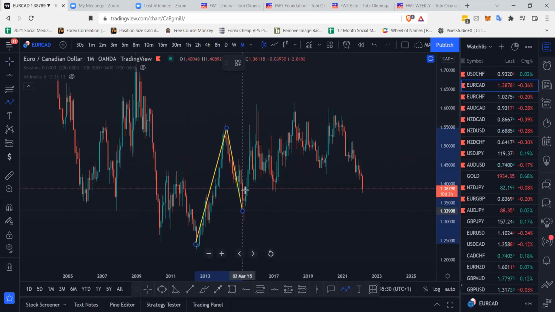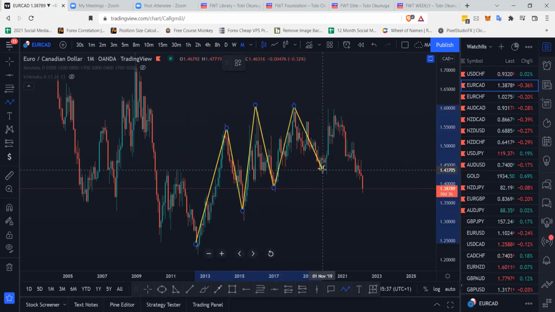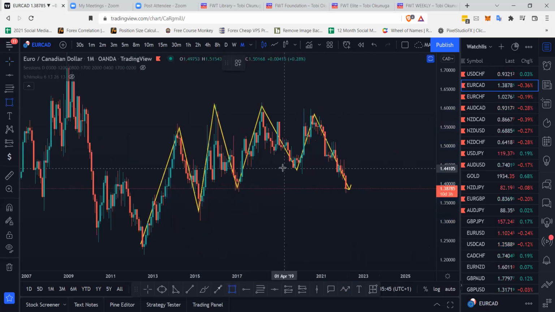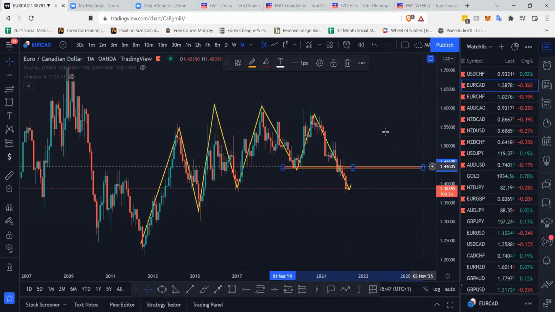Impulse, correction, impulse, correction, impulse. Okay, so we see a downtrend on this guy because of this break of structure.